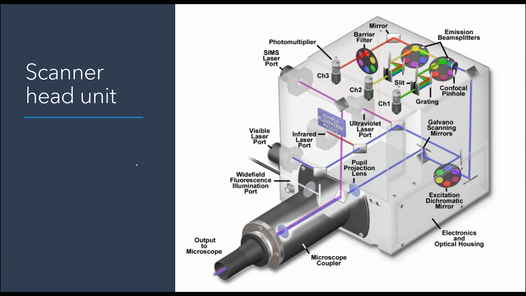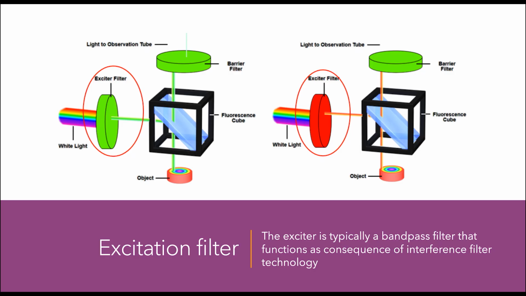This is the scanner head unit, and we can also see the optics behind this. This microscope has an excitation filter. Actually it is a band pass filter, so it will pass a certain wavelength of light so that unwanted wavelengths will not fall on the sample.